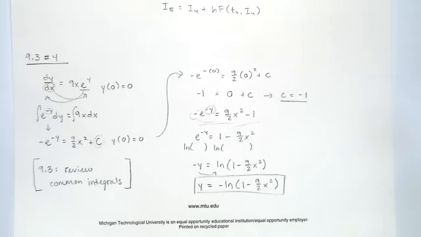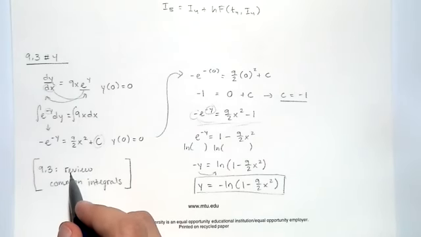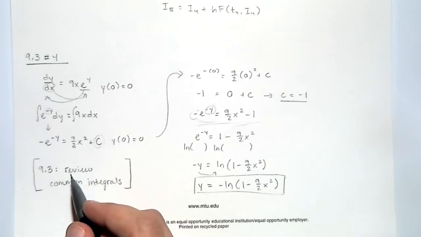Yeah, and so you guys will have your exam on the 20th. So 9.3 will be due the day before your exam, and then you will have 9.4, which is population growth models, due on the 21st, so the day after the exam.